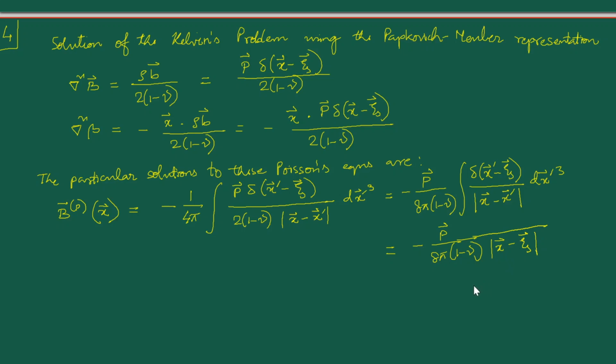That's it. So you see this particular solution for the b vector, which is very much a part of the Papkovich-Neuber representation, is a function of x vector, and we have the dependence on the x vector through the presence of this term here. And note that this xi vector is just something specific which has been given to us as part of the problem statement, meaning that this is the point where the body force is acting.